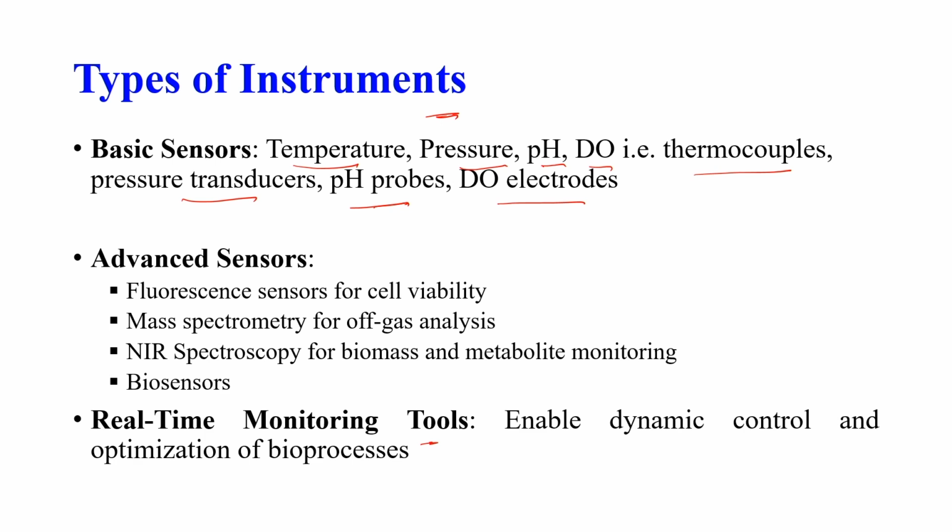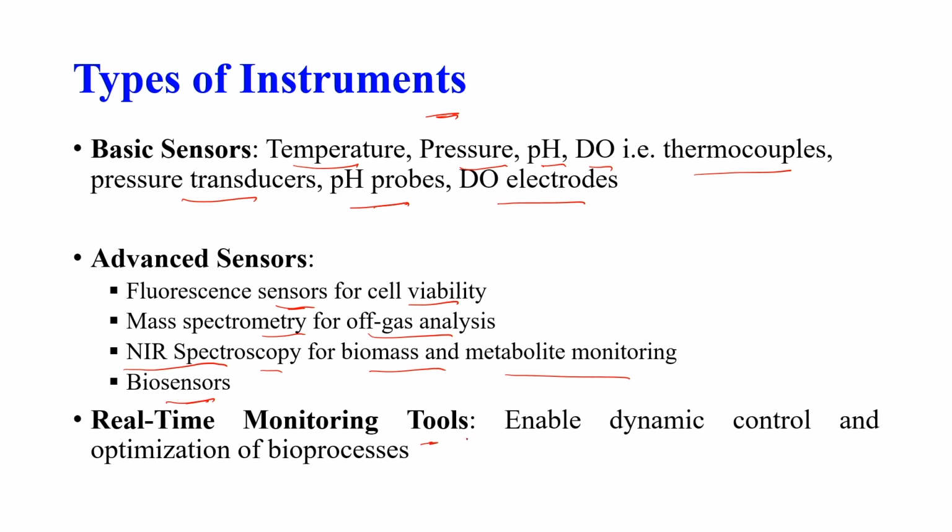In addition, there are advanced sensors. One can have the fluorescence sensor for monitoring the cell viability. One can have mass spectroscopy or off gas analysis, near infrared spectroscopy for biomass and metabolite monitoring, and one can have the biosensor, because biosensors are very specific for a particular compound. It may be your substrate or it may be your product.